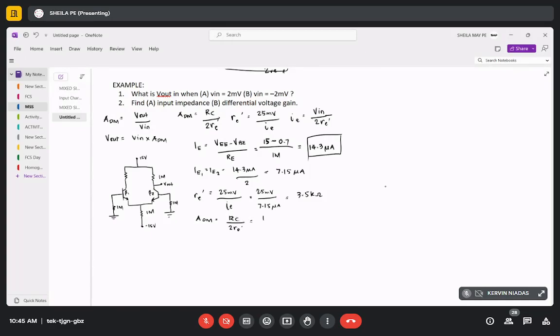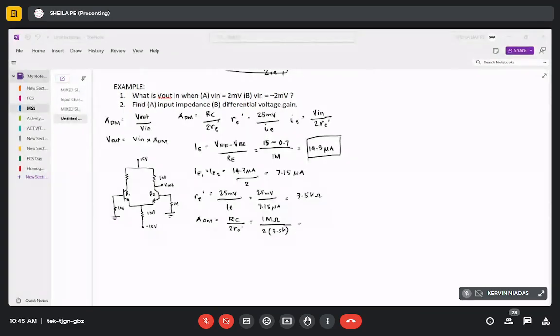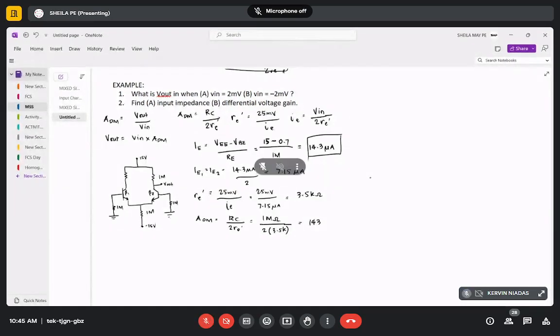So our RC is 1M, twice of our RE, 3.5 K. So that's pila times 2 divided by, 143 kung sakto ko. Yes, miss. 143, that's unitless because that's a gain.